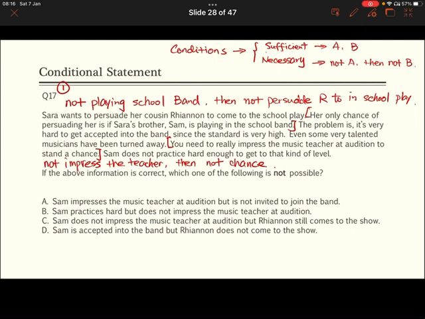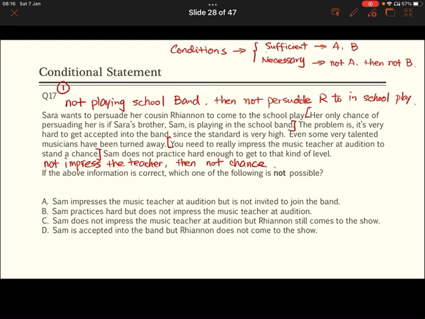So here, what we know is that if we do not impress the teacher, then we cannot have the chance to be in the school band. If we cannot play in the school band, then we have no way to persuade Rhino to be in the school play.